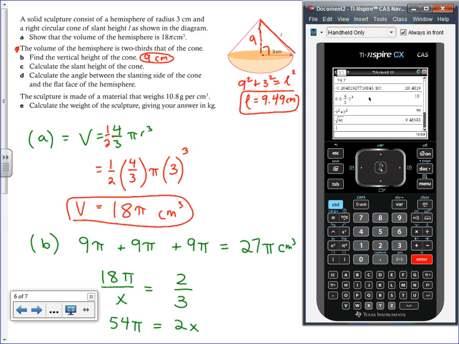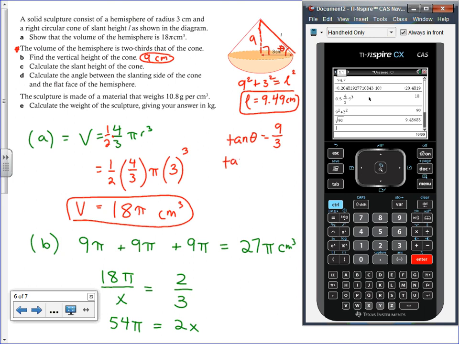Calculate the angle between the slanting side of the cone and the flat face of the hemisphere. So that would be the angle between the slant height that we just found and where the 3 centimeter radius is labeled. I can use sine, cosine, or tangent to find that. I'll use tangent. I want to use the whole numbers. So the tangent of that theta will be opposite over adjacent.